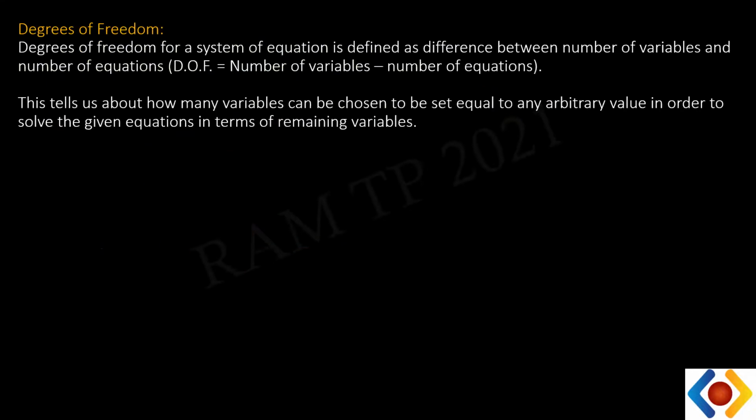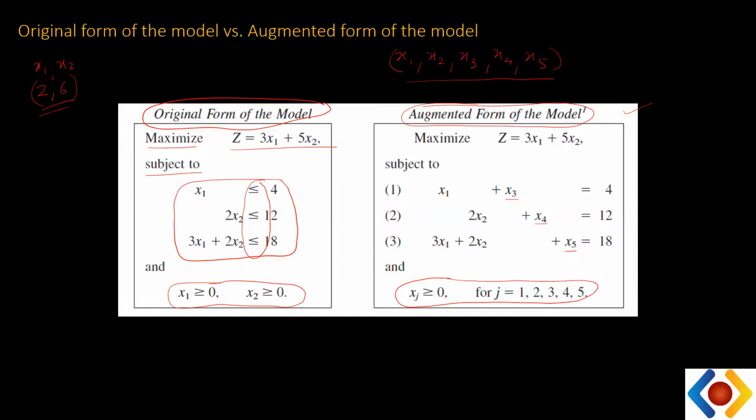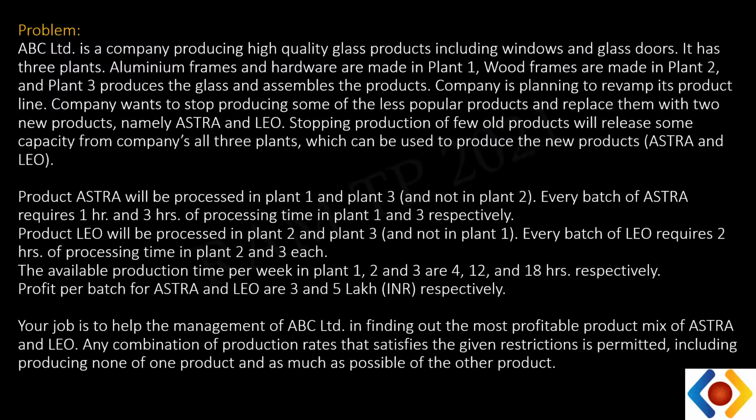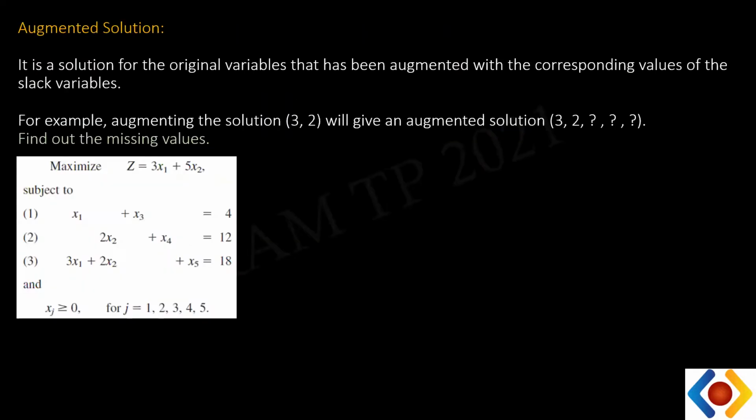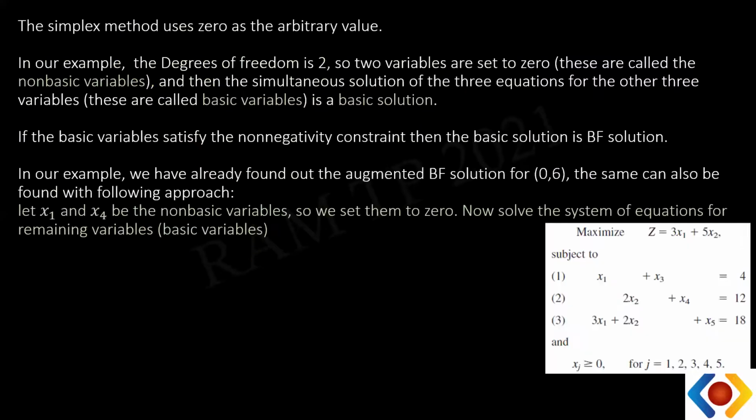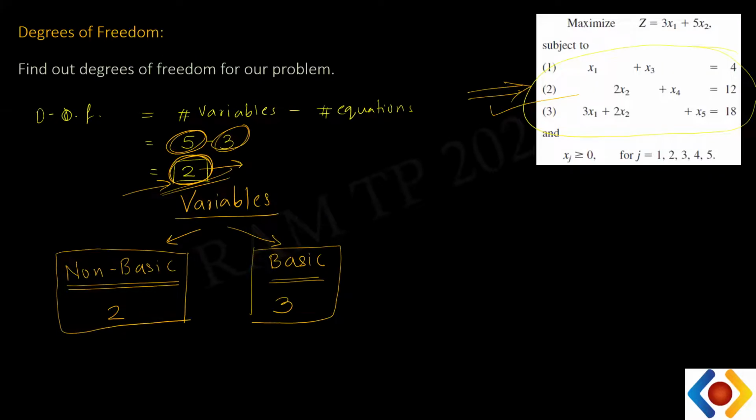You remember our discussion in the morning? We said that if x is equal to 0, then this is the value of y and z. If x is equal to 5, then this is the value of y and z, correct? So I'm free to assume any arbitrary value.